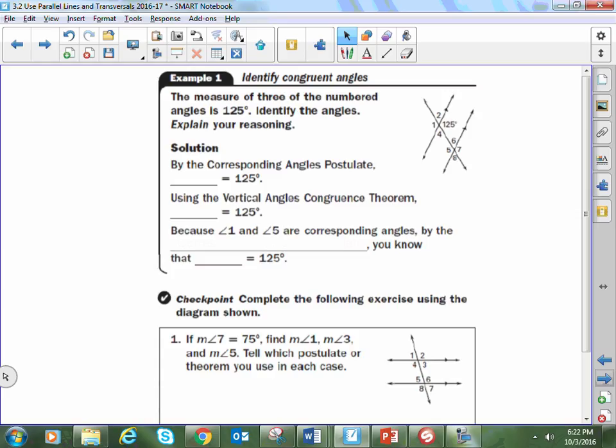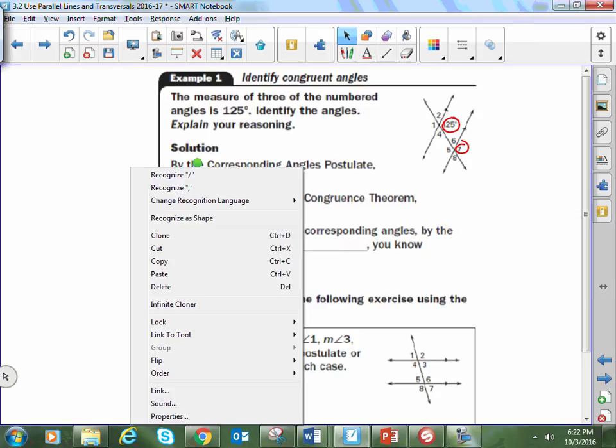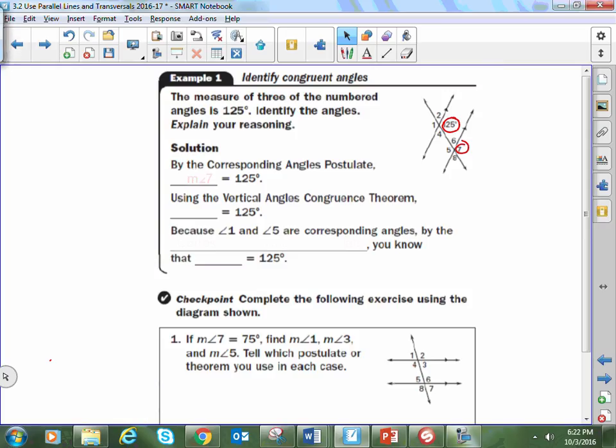Well, which ones are 125 degrees? According to the corresponding angles postulate that we just saw, where the 125 degrees is located, an angle that is corresponding to it is angle 7. So I should be able to say that the measurement of angle 7 should also be 125 degrees.